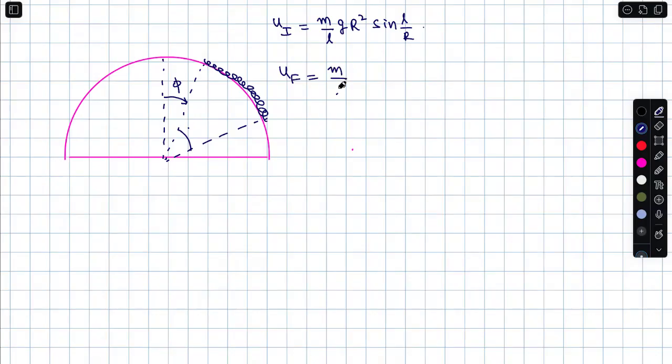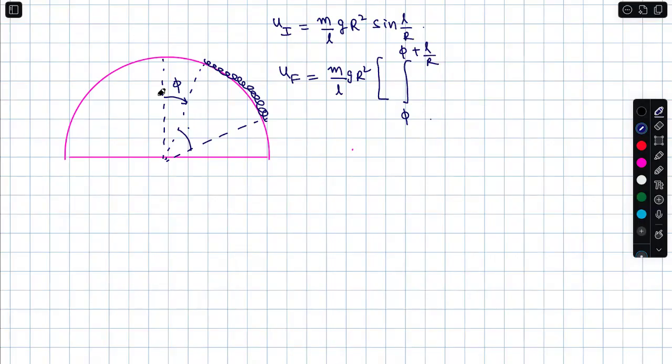Very simple, I don't do anything different, I just modify the integration limits. Theta goes from phi to phi plus L by R.